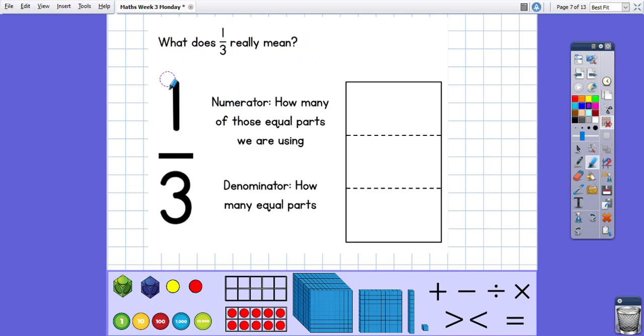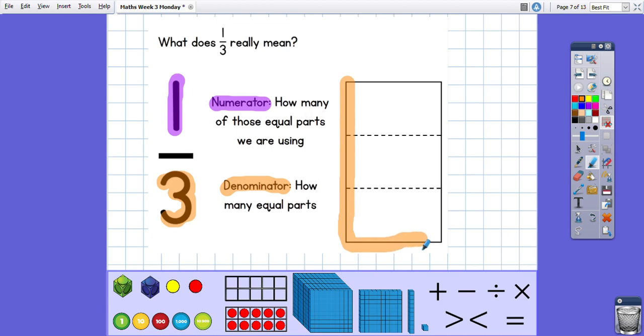So when we look at fractions, we have our numerator, which is the number on top, and we have our denominator, which is the number on the bottom. I always look at the denominator first, and that is how many equal parts there are. So you look at the whole, which is this shape here. Okay, so here is your whole shape, and it is split into 3 pieces.